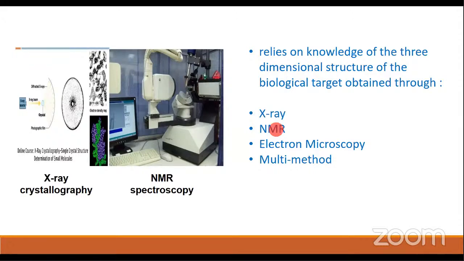But when you talk about a protein structure of 300, 500 or 1000 atoms, how difficult that could be with NMR. The next technique nowadays is electron cryomicroscopy. Based upon the three-dimensional data we get from cryo-electron microscopy, we can obtain the protein structure. Or else, by combining multiple of the above methods, we can get the three-dimensional structure of the protein.